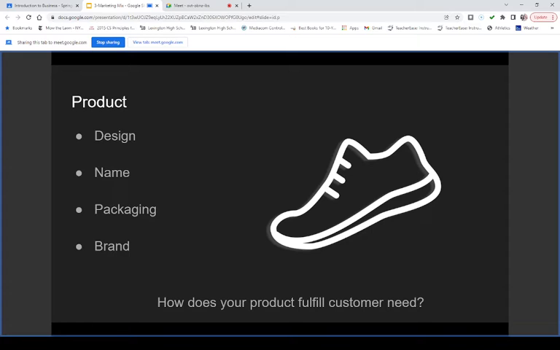What is the brand of the product? What does that brand tell people? How do you package the product? If it's a drink, what does that bottle look like? What's the features of it? How does it feel in the hand? What's the labeling look like? Is it something that has to go into a separate box? And what is that box going to look like? So there's a lot that goes into product.